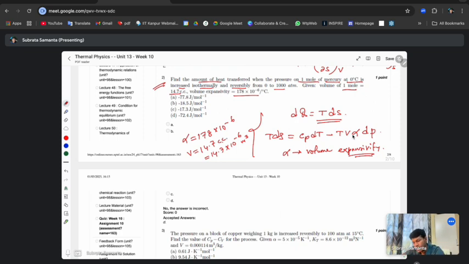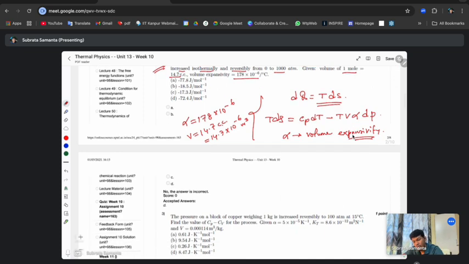And the other thing is the pressure: delta P, the change in pressure, is basically 0 to 1000 atm, so 1000 atm.